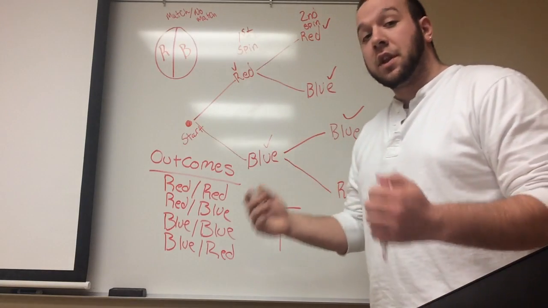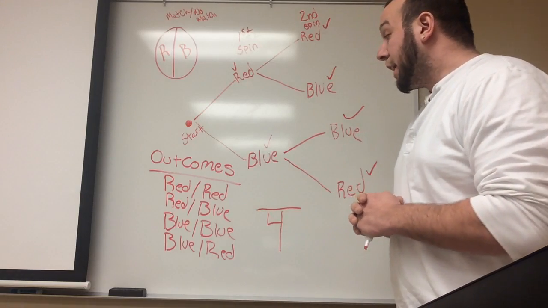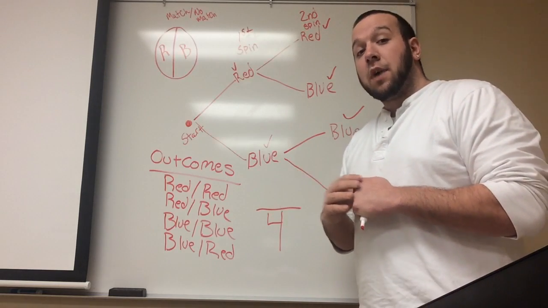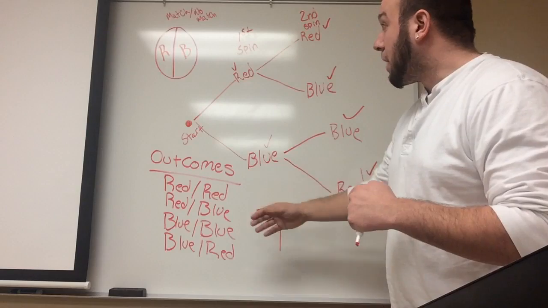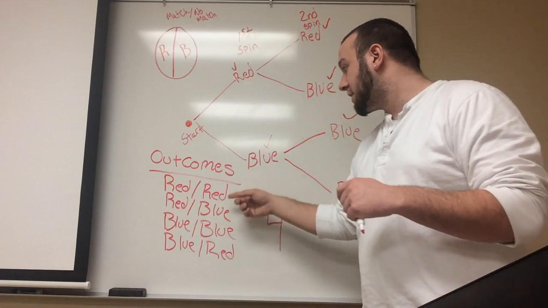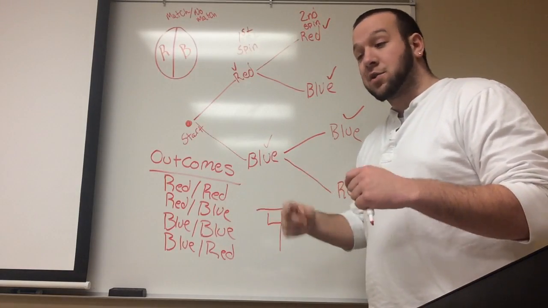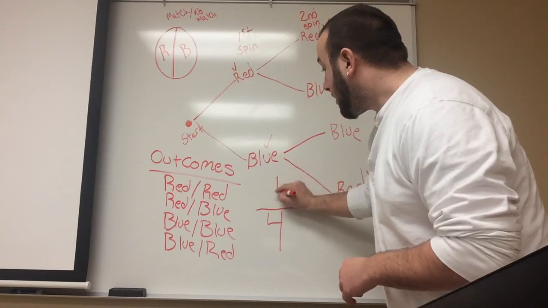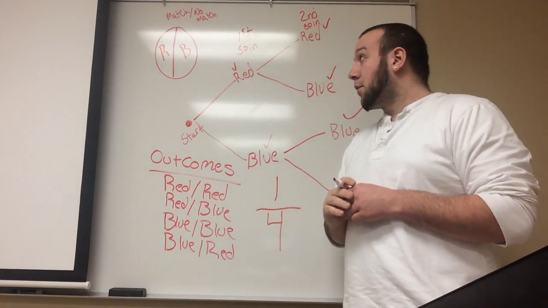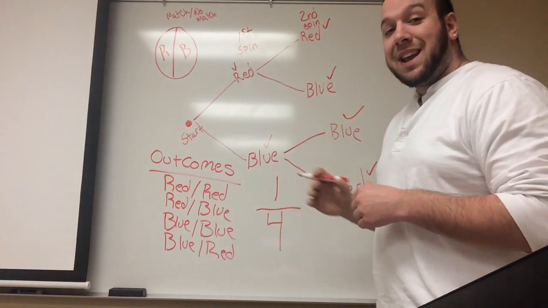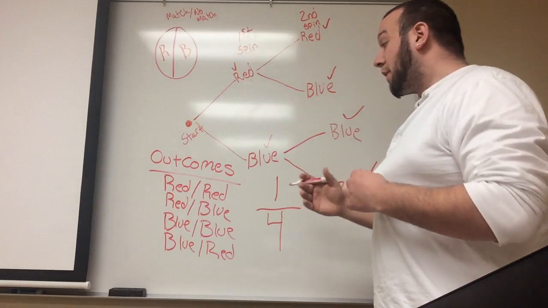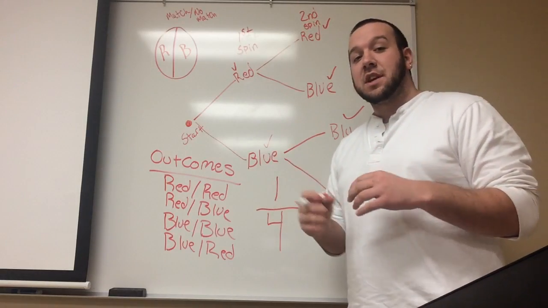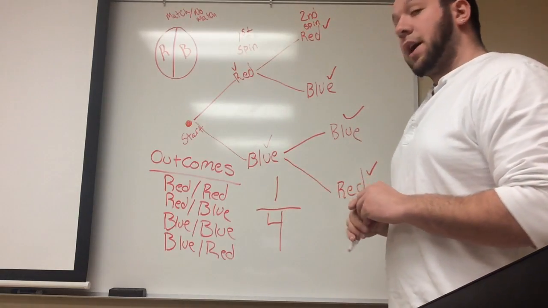If you look to your list of possible outcomes, you can see that there's only one outcome that's red, red. So your theoretical probability for spinning red, red is 1 out of 4, or 1/4. You have a 25% chance of spinning red, red.